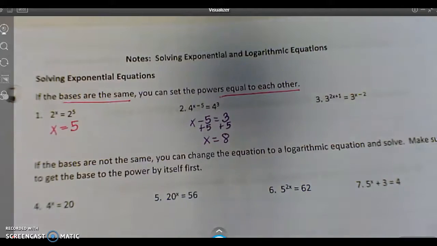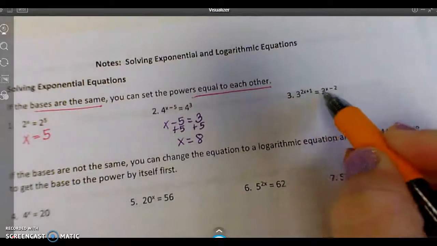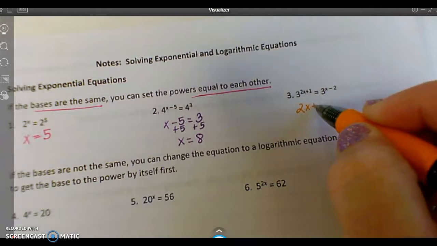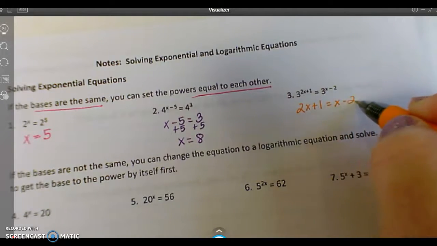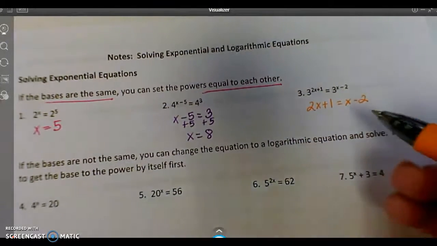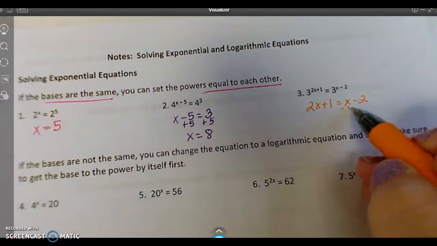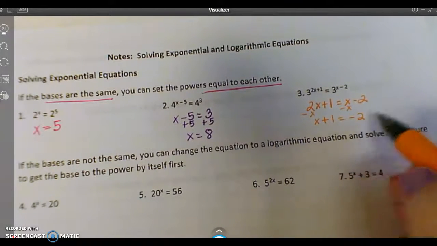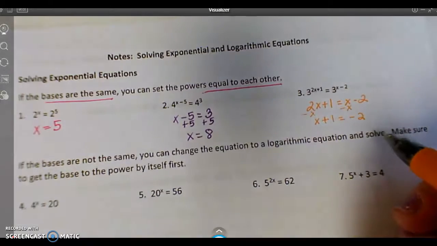Number 3, again, the bases are the same. You set the powers equal to each other, and then you solve for x. So on this problem, I would probably subtract x on both sides. Excuse me.